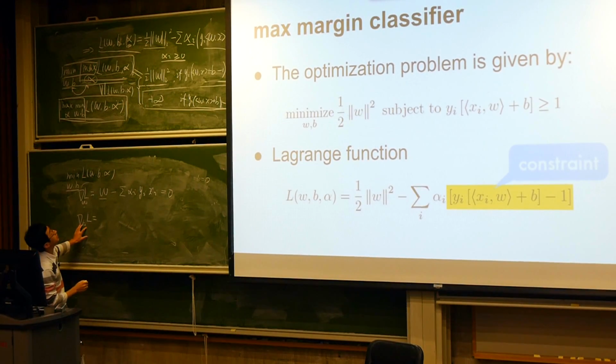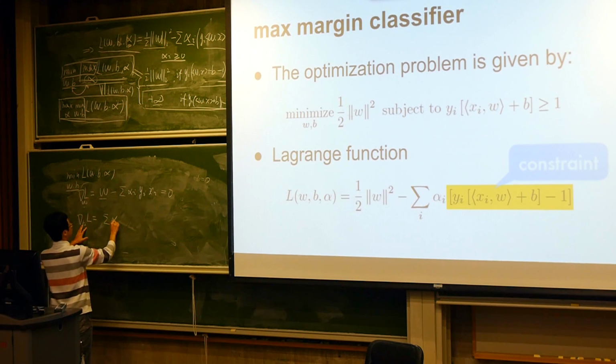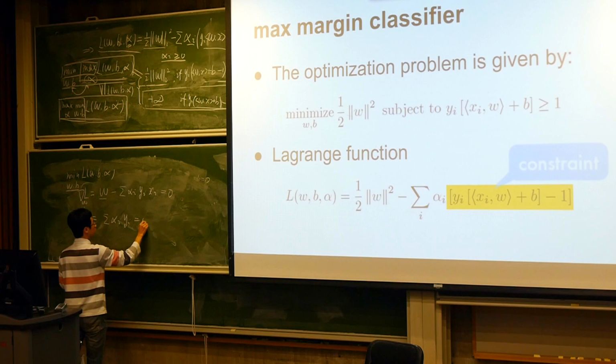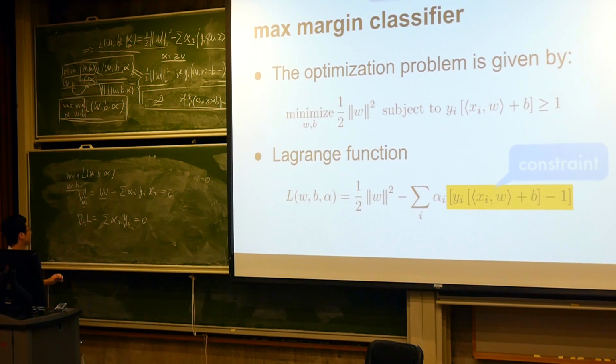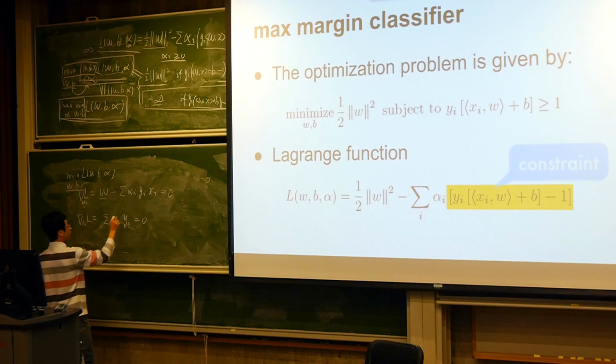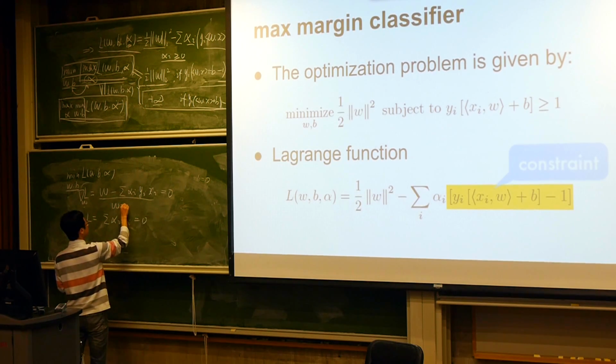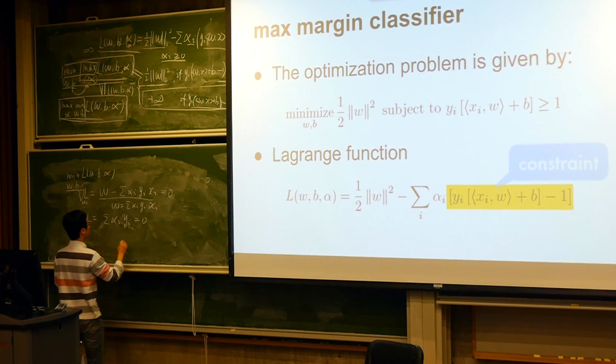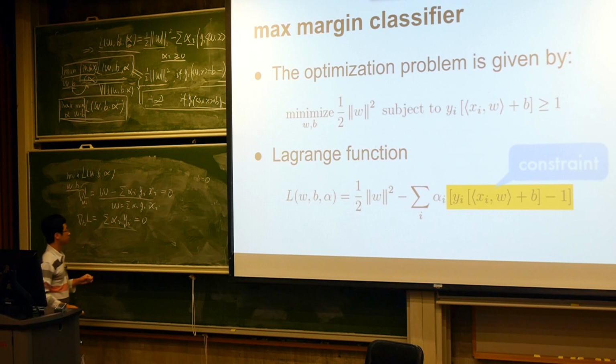The derivative with respect to B, set it equal to 0. So for this equation, we get W is equal to the sum of alpha yi times xi. Then we plug this into the original equation, and then we maximize over alpha.